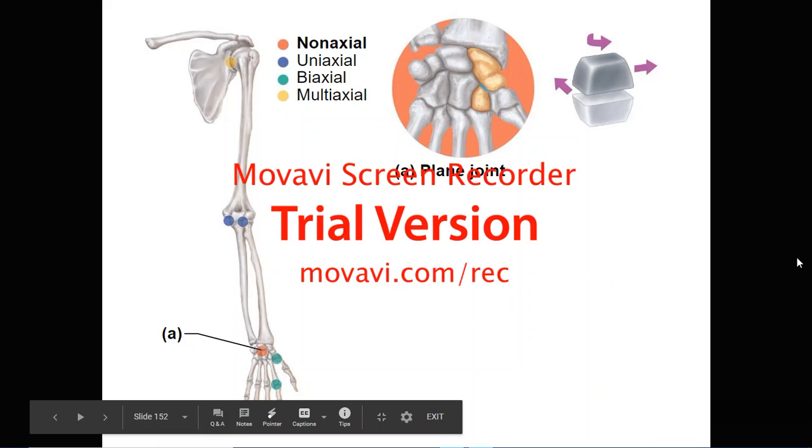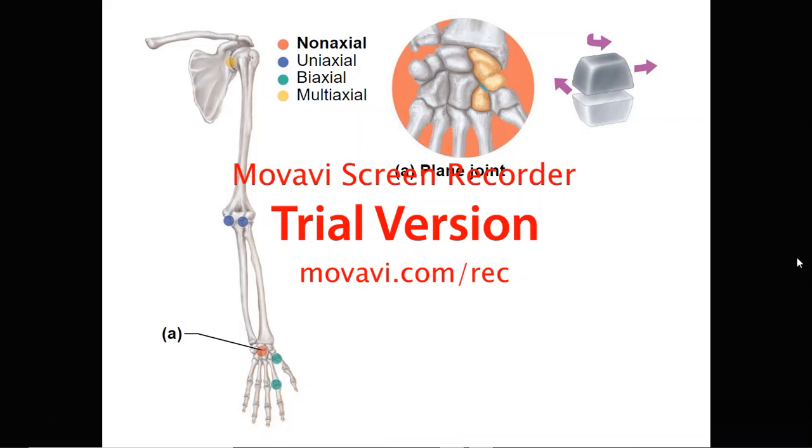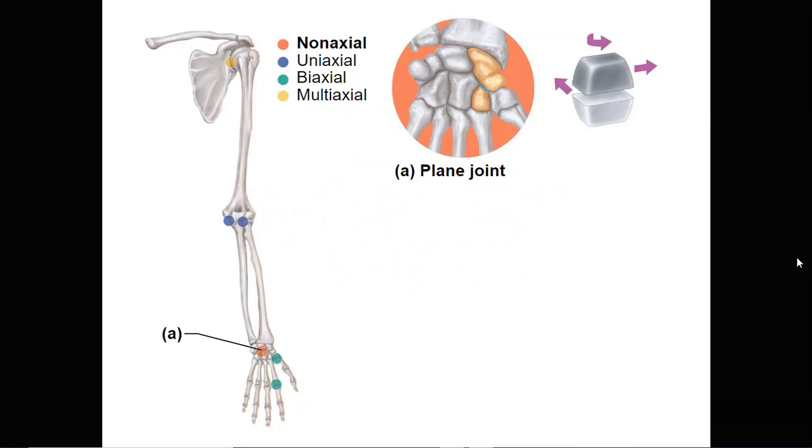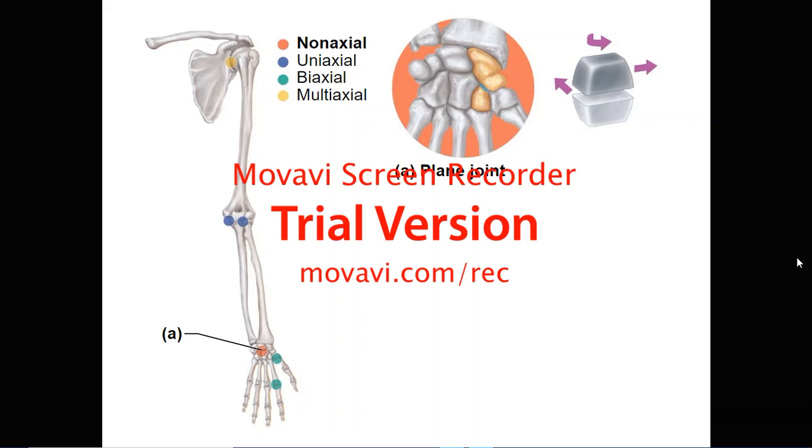All right, and the non-axial is an example of gliding movements, and they occur when one flat or nearly flat bone surface glides or slips over another. Think of the side-to-side motion, and this happens without rotation or angulation or increasing or decreasing angle.